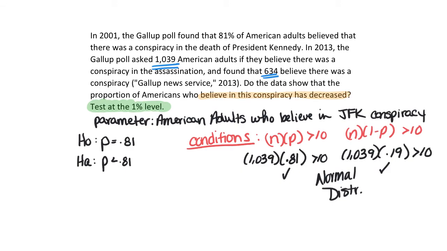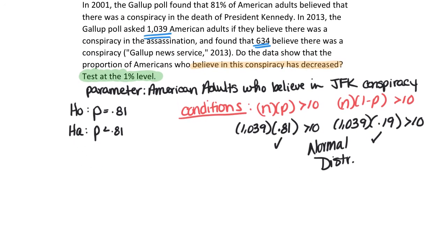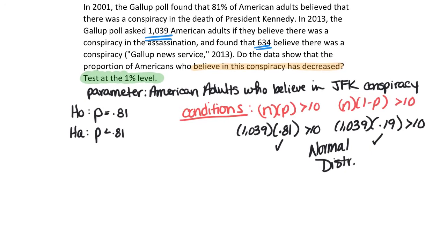So now that I have my null hypothesis and my alternative hypothesis, I'm going to identify my p hat and my s in order to run a z-score for my normal distribution. So my population proportion that has been given to me is 81%.